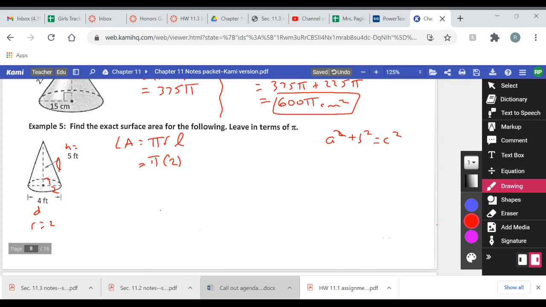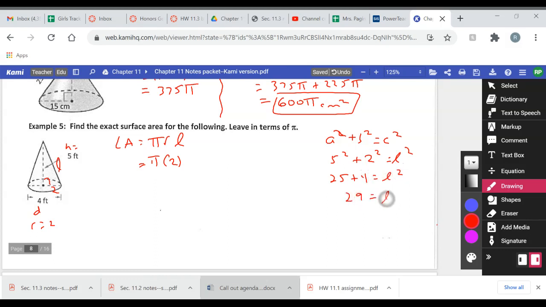So I can see the slant height is my hypotenuse. So my actual height is 5. The other leg of the right triangle is 2. And I don't know what the slant height is. So if I go ahead and solve for that, I get 25 plus 4 is equal to L squared.